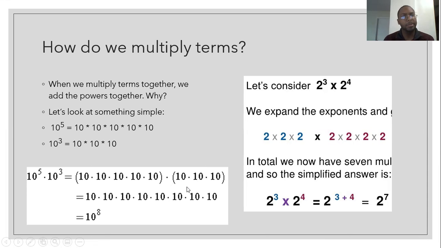But if you think about it, basically, you wrote 10 1, 2, 3, 4, 5, 6, 7, 8 times. So really that's just 10 to the 8. Well, that's interesting. 5 plus 3 equals 8.